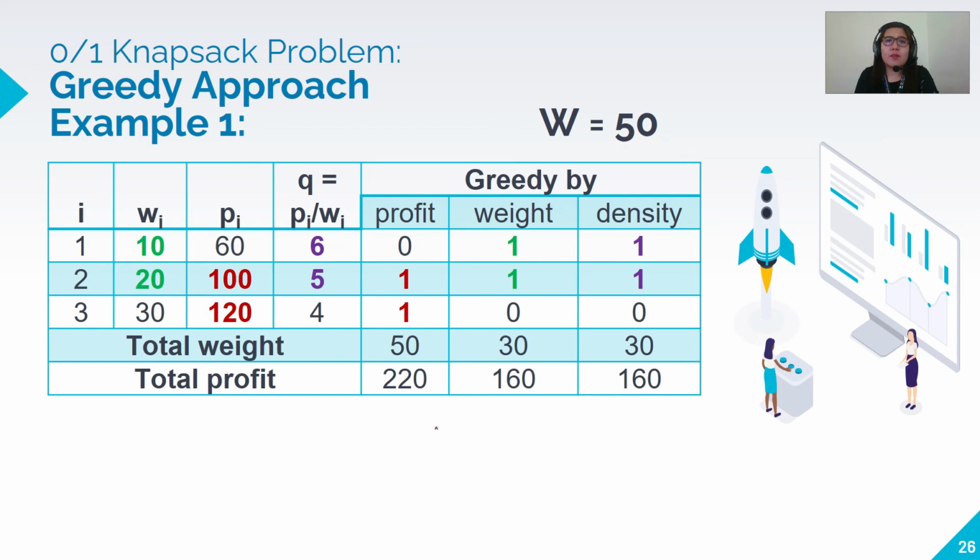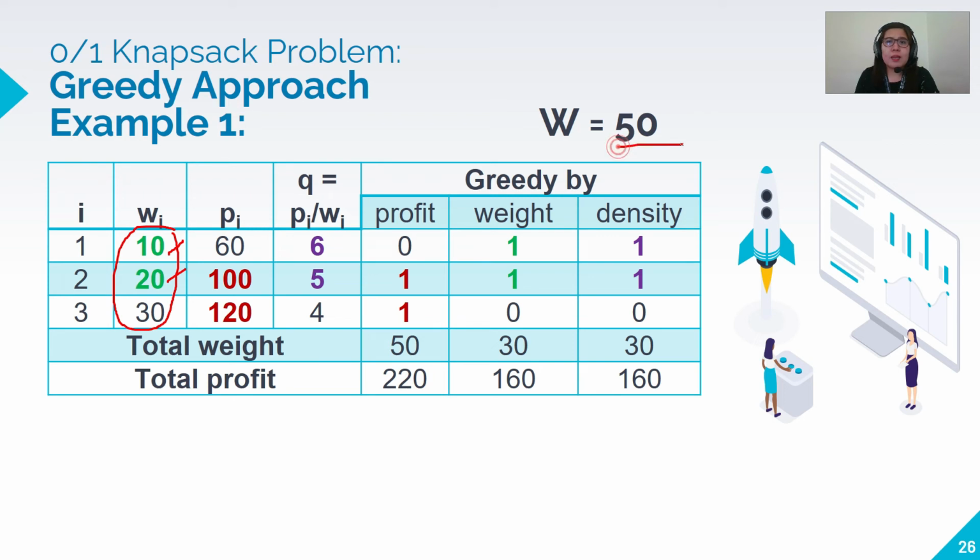Next, let's have greedy by weight. In greedy by weight, we will concentrate sa weight of each item. Kunin natin yung least weight or yung pinakamagaan. So, in the table, ang pinaka-least is item number 1. It has 10. Then, ang susunod, 20. So, if we'll try to compute this, 10 plus 20, that is already 30.